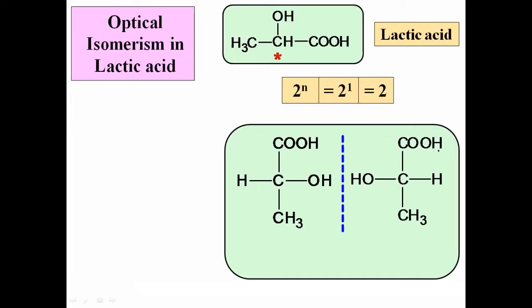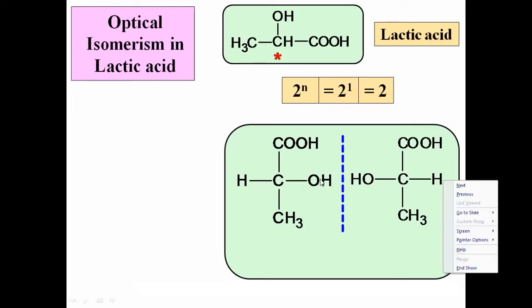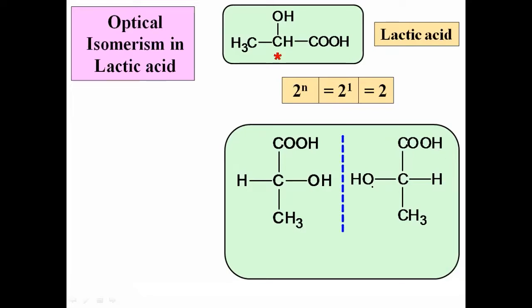Suppose this is the mirror in between them. Then one isomer looks like the mirror image of the other. If we lift one image and try to match it on the other, they do not match with each other.